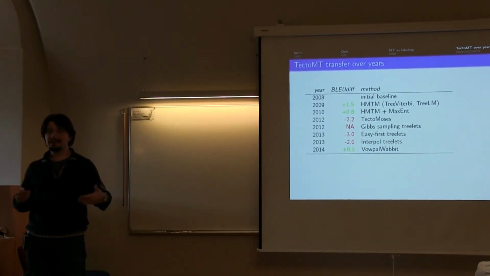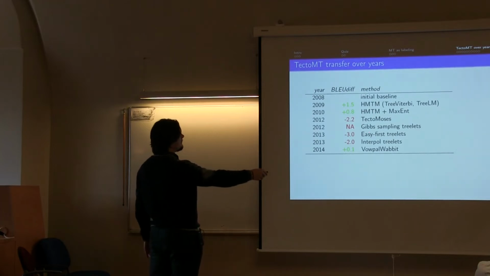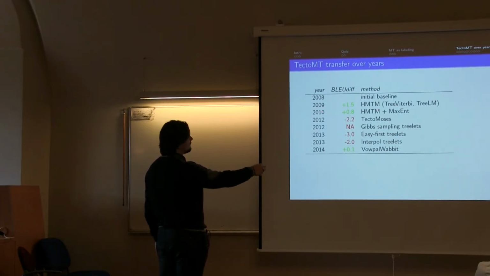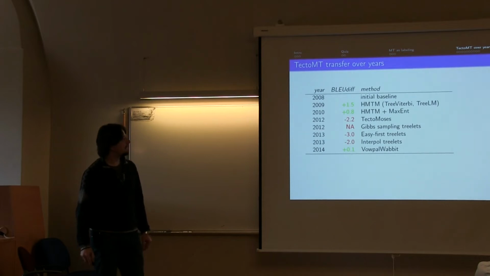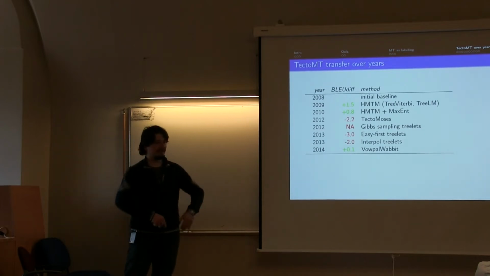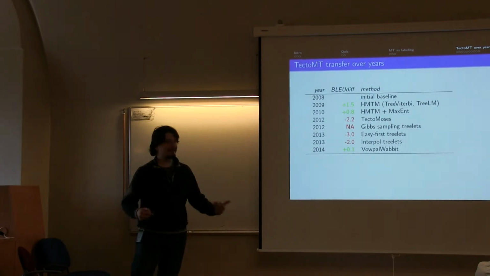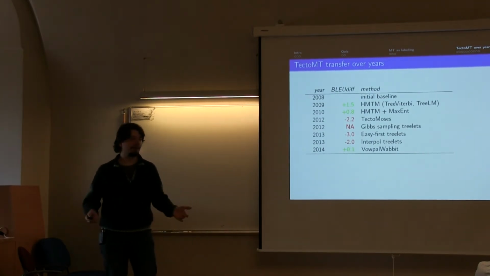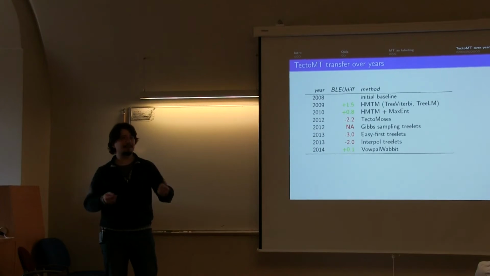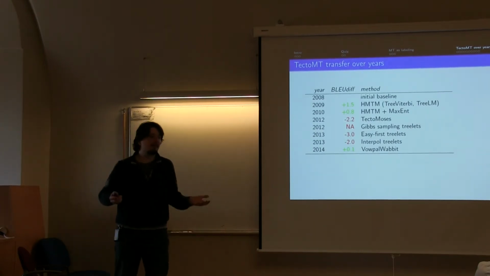When I tried them originally, I actually wanted to substitute this last working idea, HMTM plus Maxent, with something new, with some better transfer. When I started, it was about 10 points worse or 5 points worse. I tried, and in the end it was only 3 points worse or only 2 points worse.